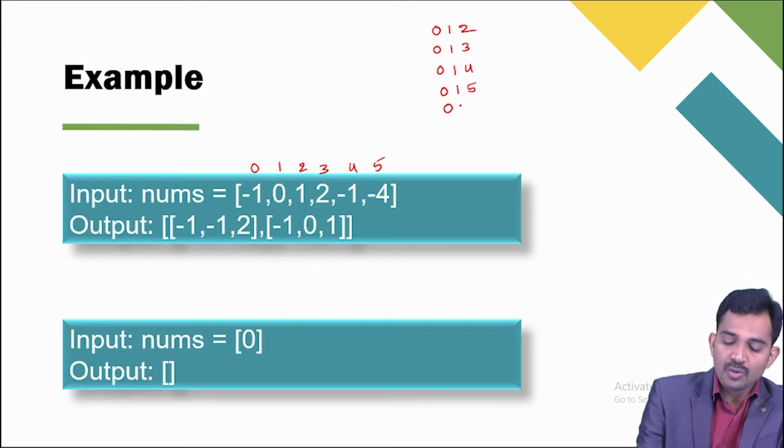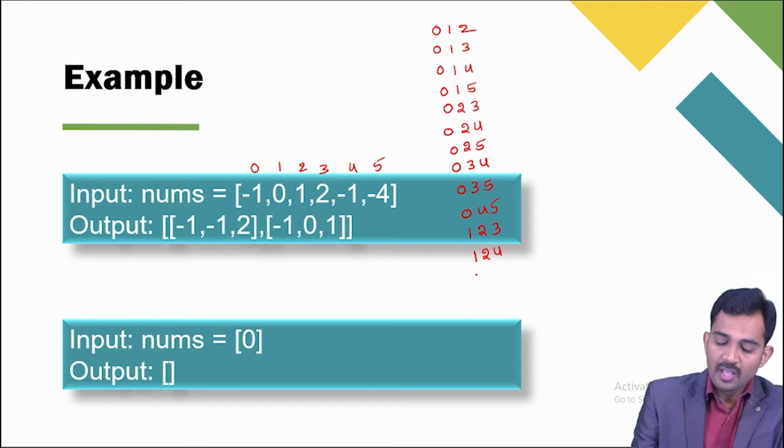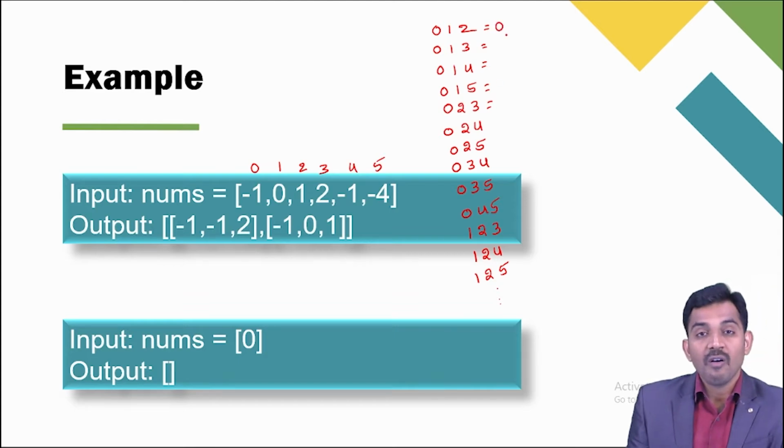Next, 0, 2, 3 is one combination, 0, 2, 4, 0, 2, 5. Next, 0, 3, 4 and 0, 3, 5. And next, 0, 4, 5. Next, again it starts with 1: 1, 2, 3. Next, 1, 2, 4, 1, 2, 5, right? Like that. It means you need to check all these combinations, and for those whose sum goes to 0, you need to find out all the triplets.